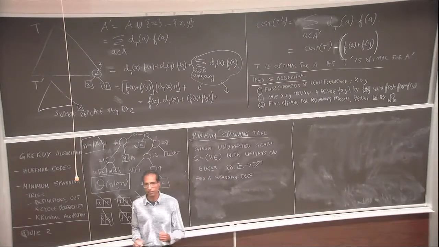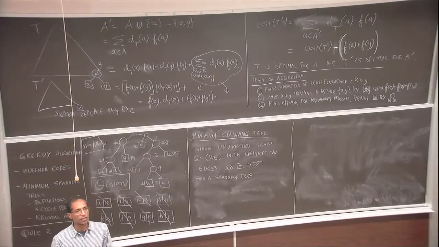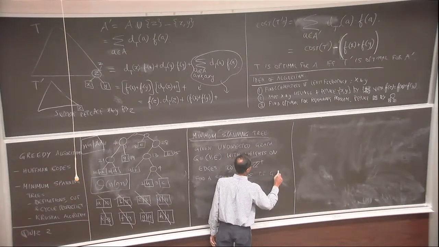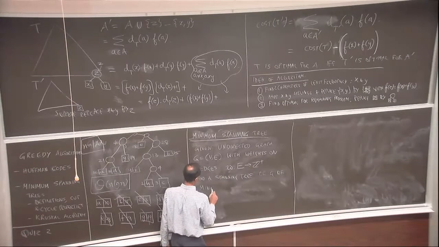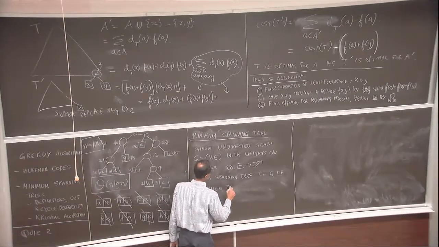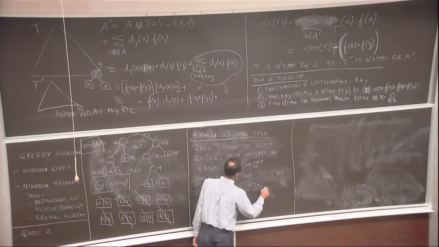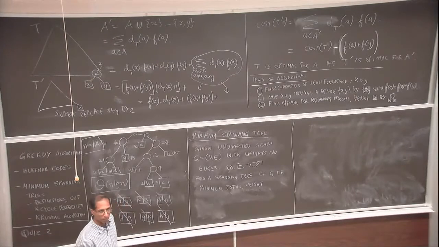A spanning tree is a tree containing edges from the graph that visits every vertex, that connects every single vertex. Okay? The spanning tree of G of minimum total weight. Okay?